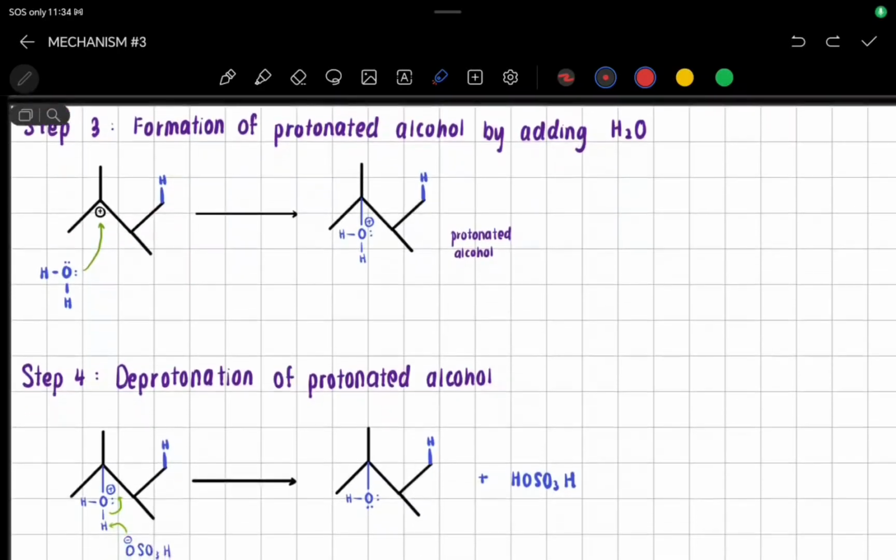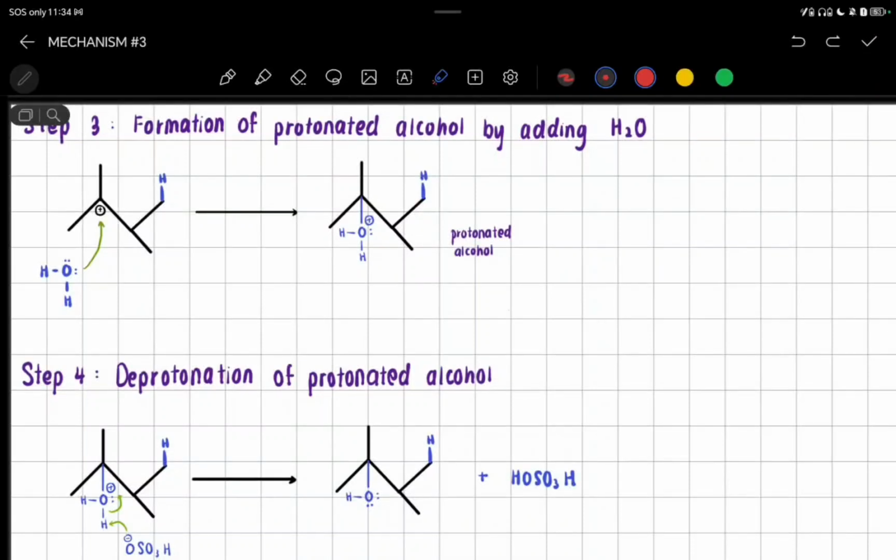So in step 3, the formation of protonated alcohol by adding H2O. So water is the nucleophile in this reaction. The water molecule will attack the positively charged carbocation, which is the tertiary carbocation formed in the previous step, using one of its lone pairs.